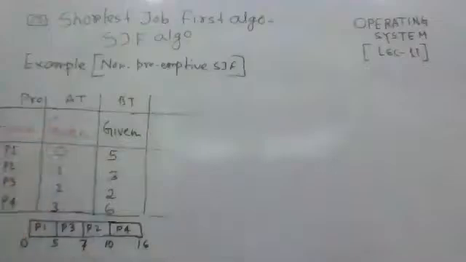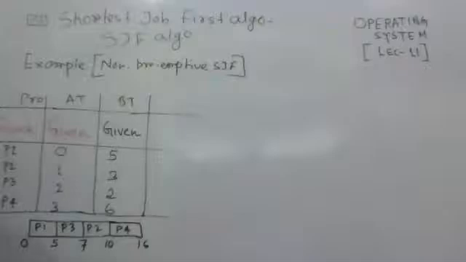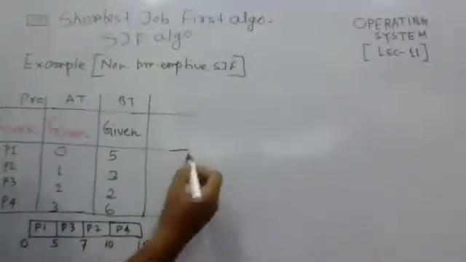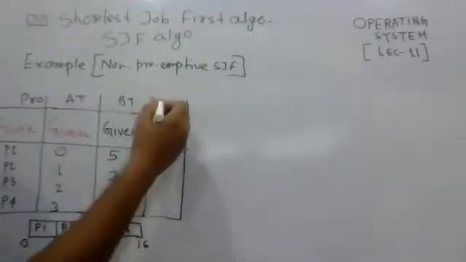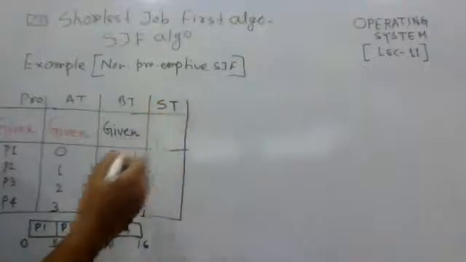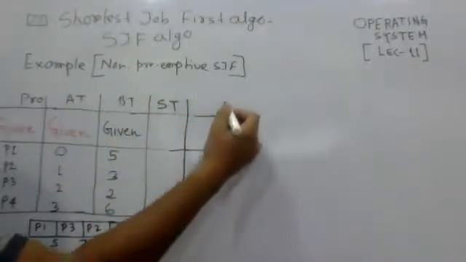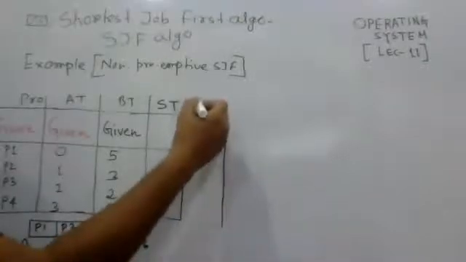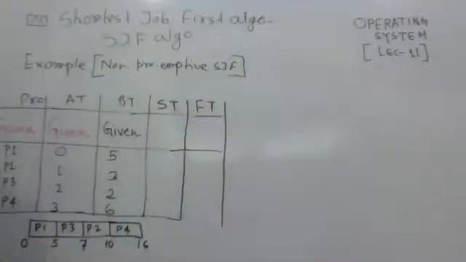Using this given data, we can now calculate various process related parameters. First we can calculate the starting time, ST. Another is the finished time or completion time, FT.